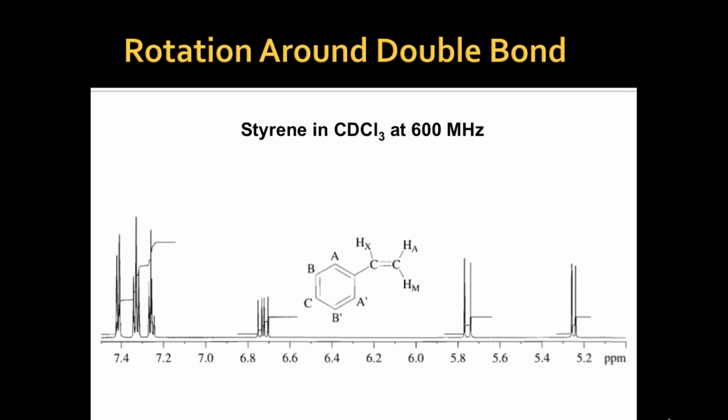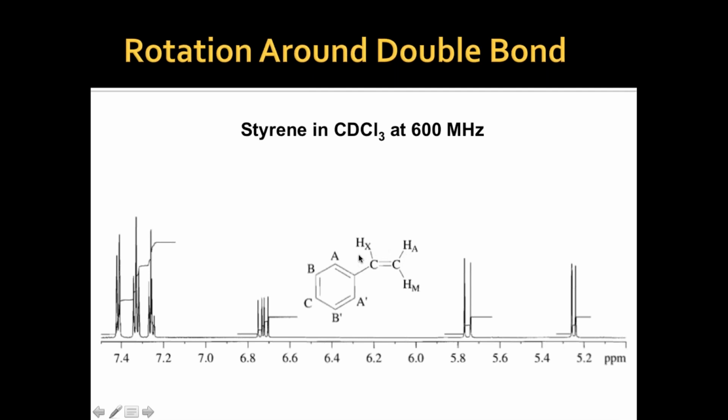So the hydrogens present on the terminal carbon of the styrene molecule can undergo rotation. As I explained before, HX can undergo coupling with HA as well as HM. So what will be the coupling?